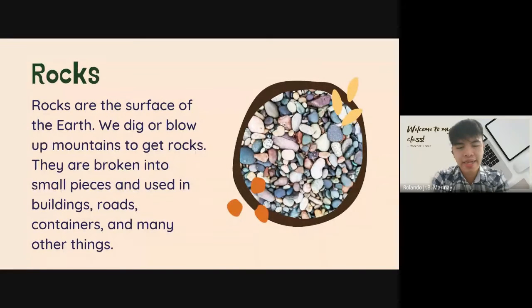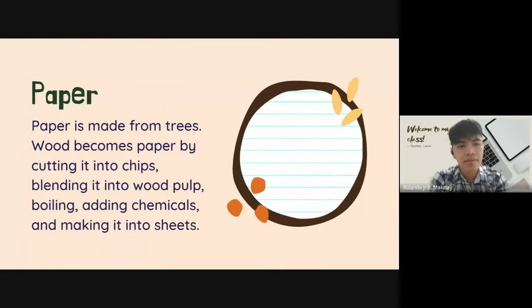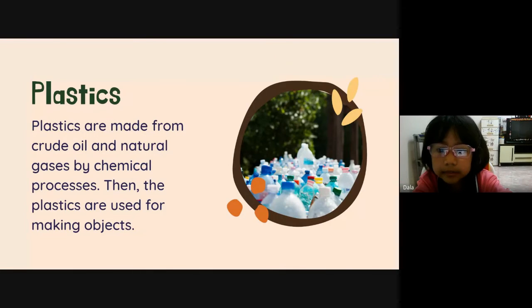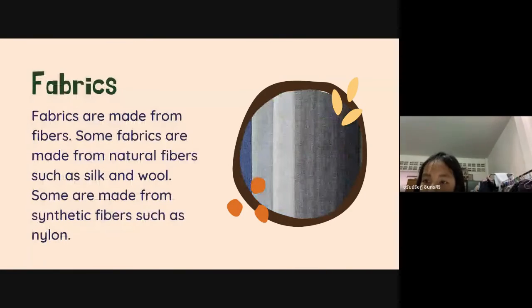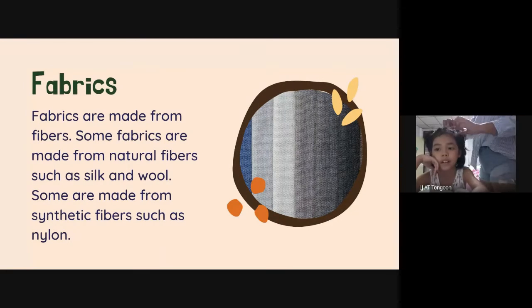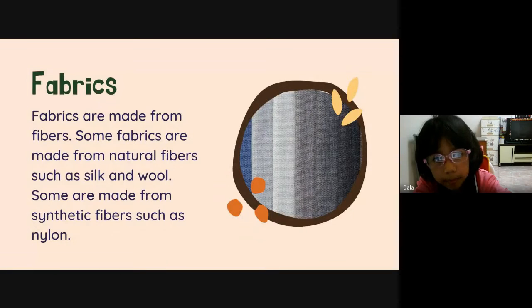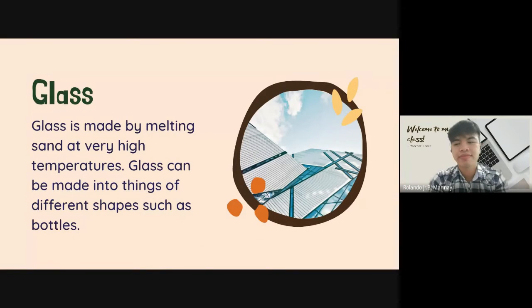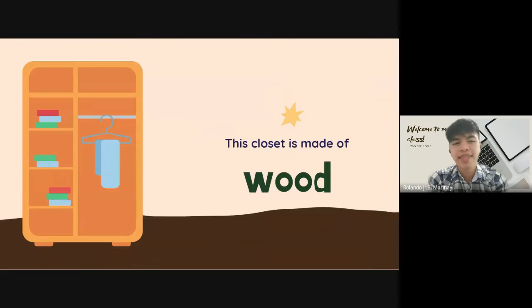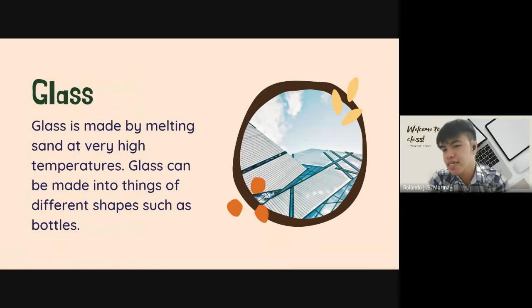And next, paper and plastics and rubber. Okay, fabric. Very good. Good job. And glass. Those are the materials that we can use in making objects.